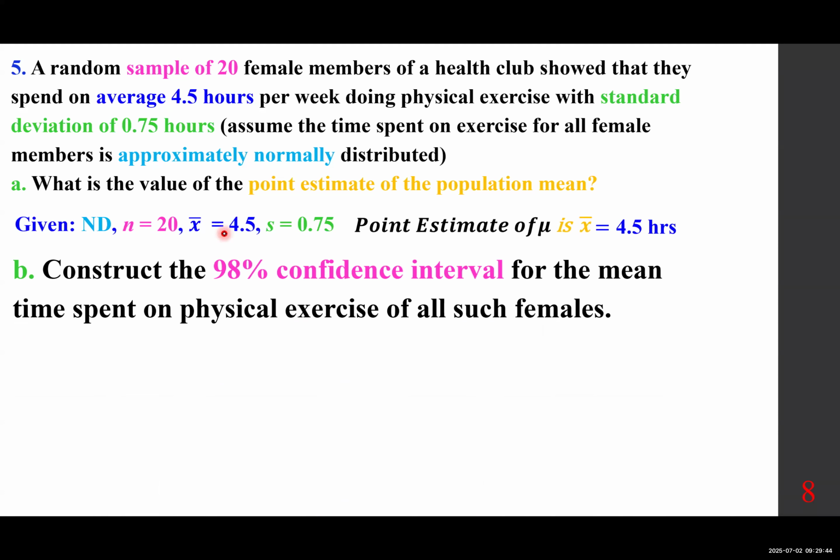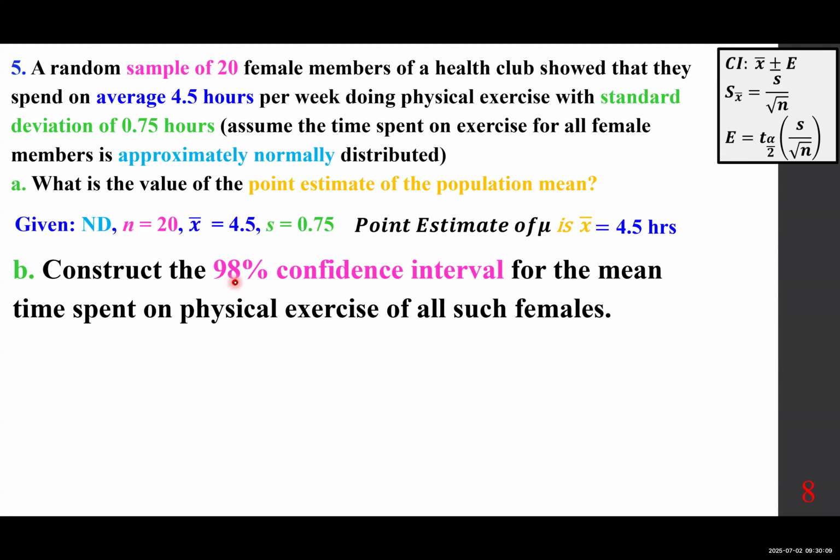Okay, now we want to construct the 98% confidence interval for the mean time spent on physical exercise of all such females. We got everything, and now we want to come up with the 98% confidence interval.